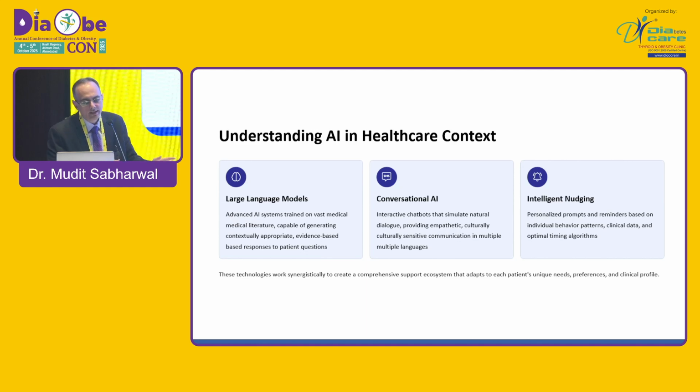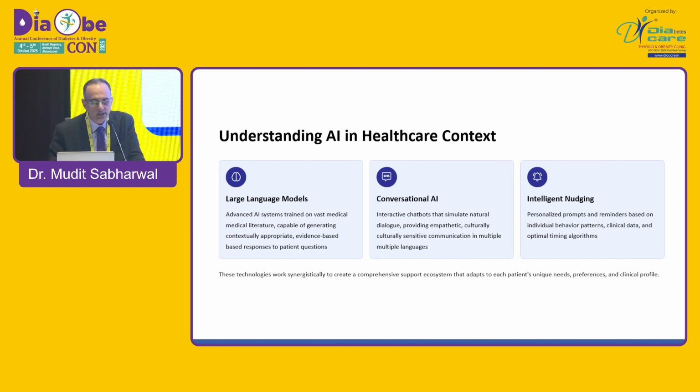There are large language models, where advanced AI systems are trained on vast medical literature, capable of generating contextually appropriate, evidence-based responses to patient questions. Like a patient can ask about insulin, ask about the protocol, and the AI agent answers that. Then there is conversational AI, which is majorly like a chatbot, more empathetic, culturally sensitive, and can speak multiple languages.